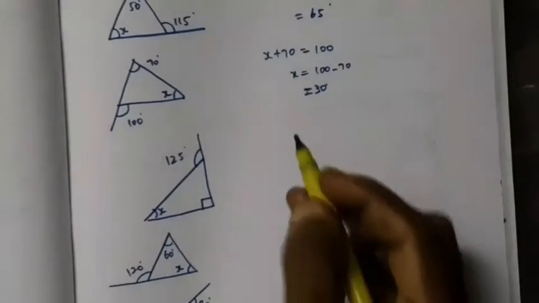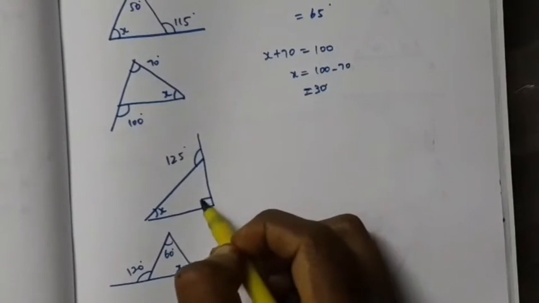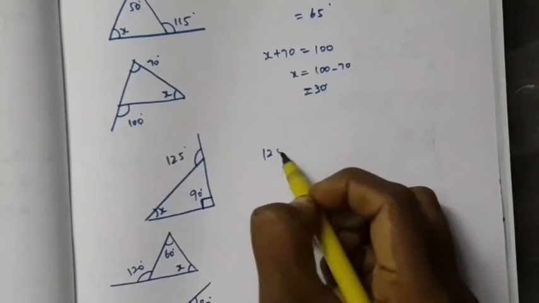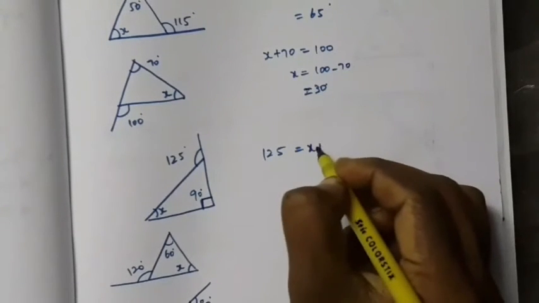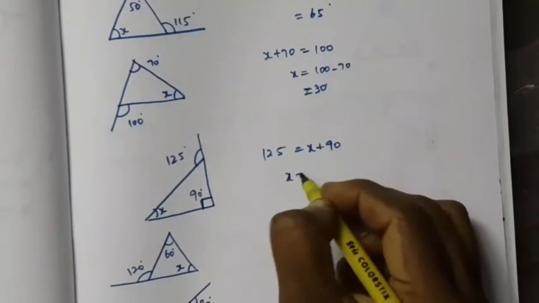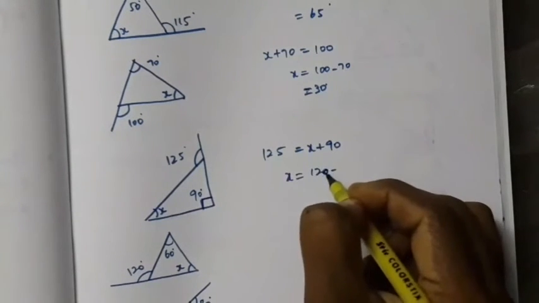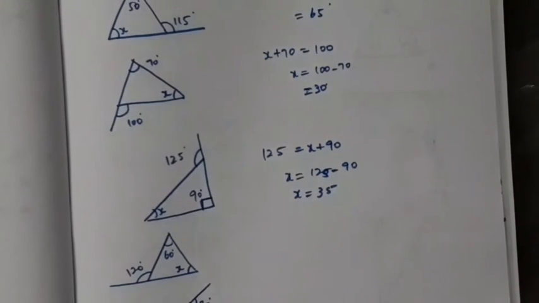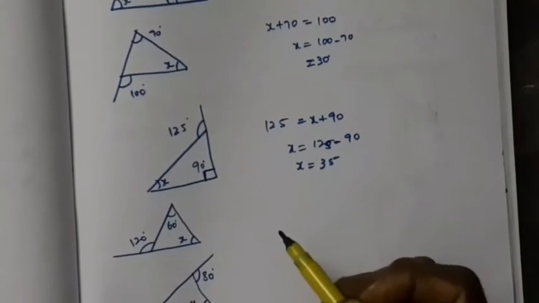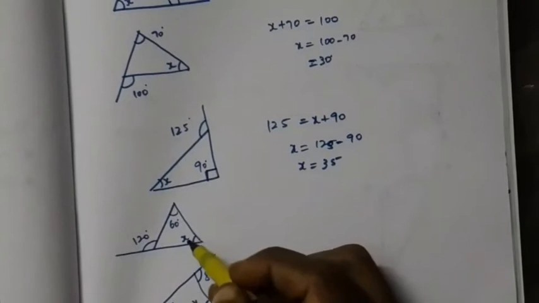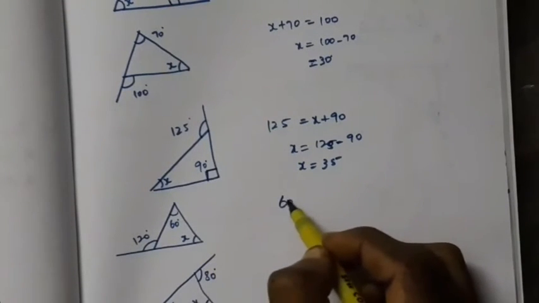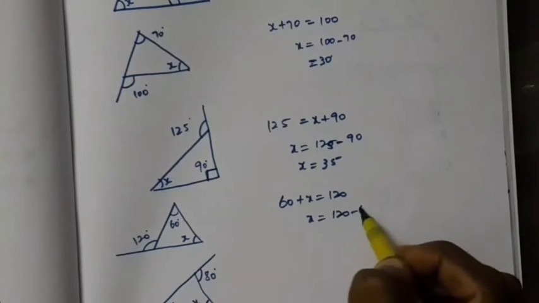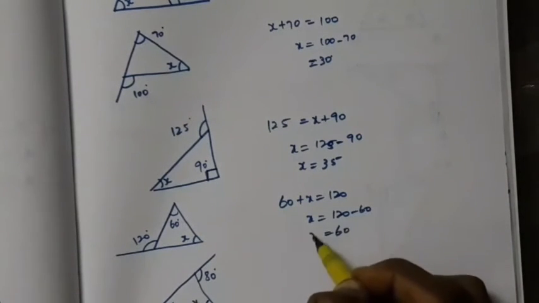And the next, here if it is given like this, it means it is a right angle. So 125 equals x plus 90, so x equals 125 minus 90. The next is, here, 60 plus x equals 120, x equals 120 minus 60, that is equal to 60.